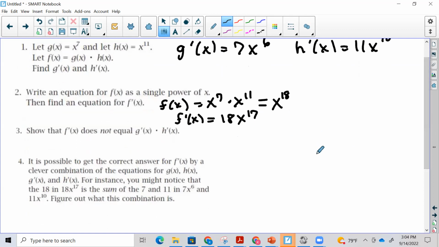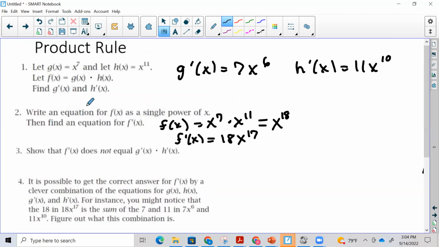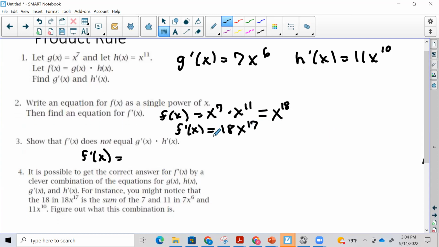So the issue is that when we're multiplying 2 functions together, students often want to just take the derivative of each part and then multiply them. And we're going to see that that does not work, that we don't get the same thing as when we simplify and then take the derivative.